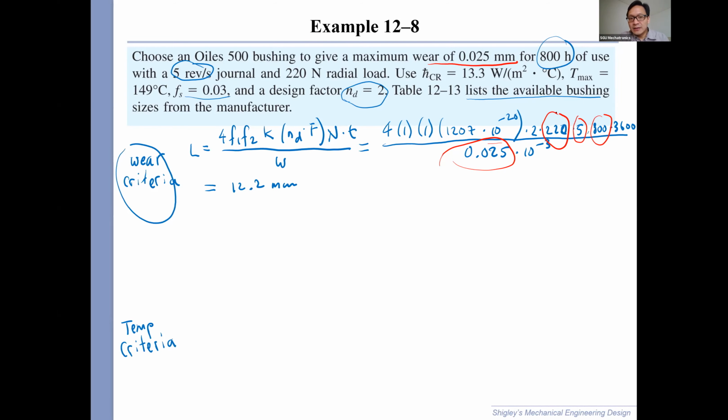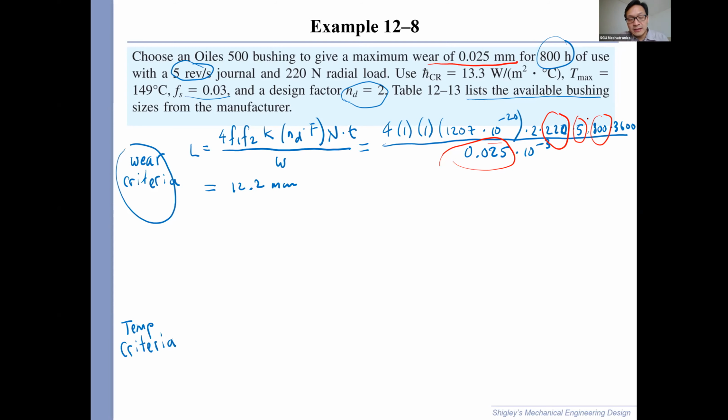So if you have a bushing with a length of 12.2 millimeters, then you will wear out 0.025 millimeters in 800 hours.